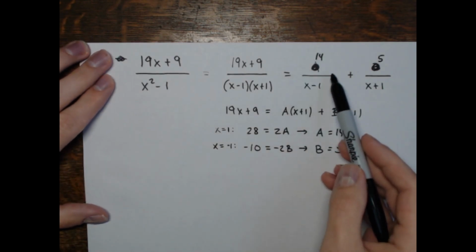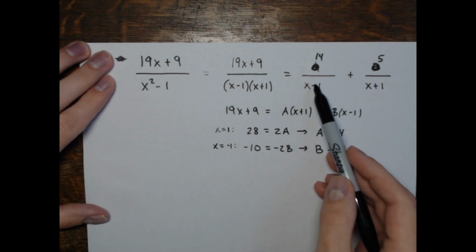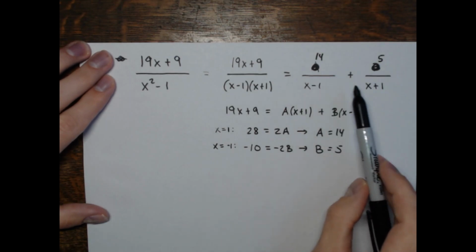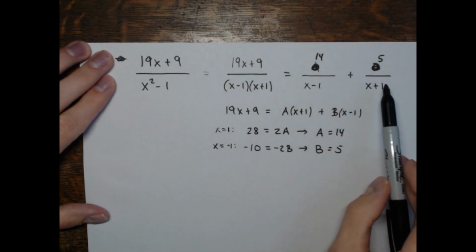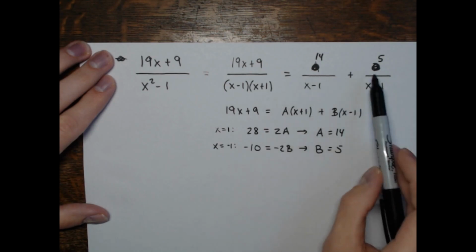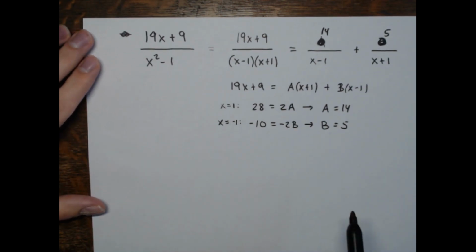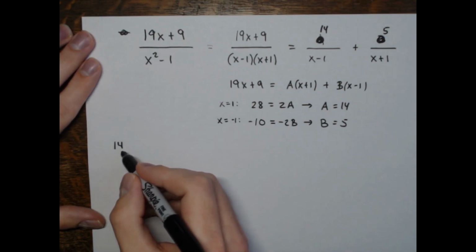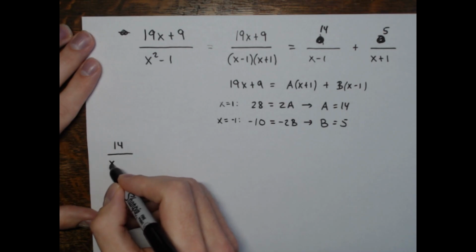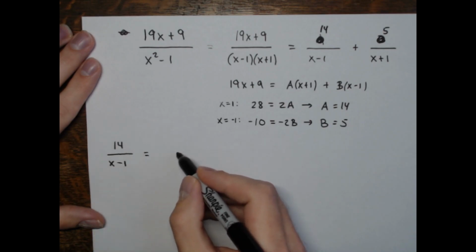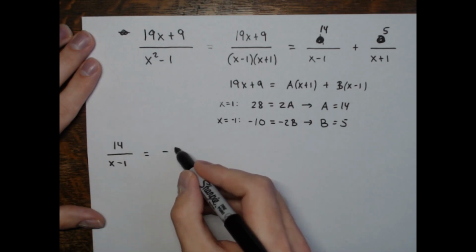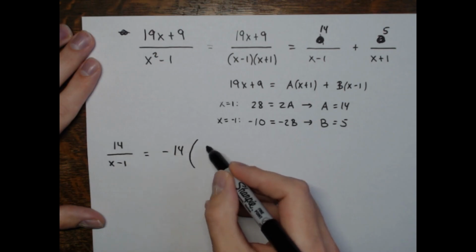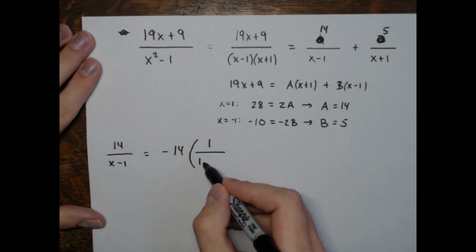And I could create a nice power series that'll converge to each of these. We've got to take the intersection of the intervals of convergence so that they both converge to our original function when we add them together. So the first term there, 14 over x minus 1. If I pull out a negative from the bottom, that'll be negative 14 times the quantity 1 over 1 minus x.